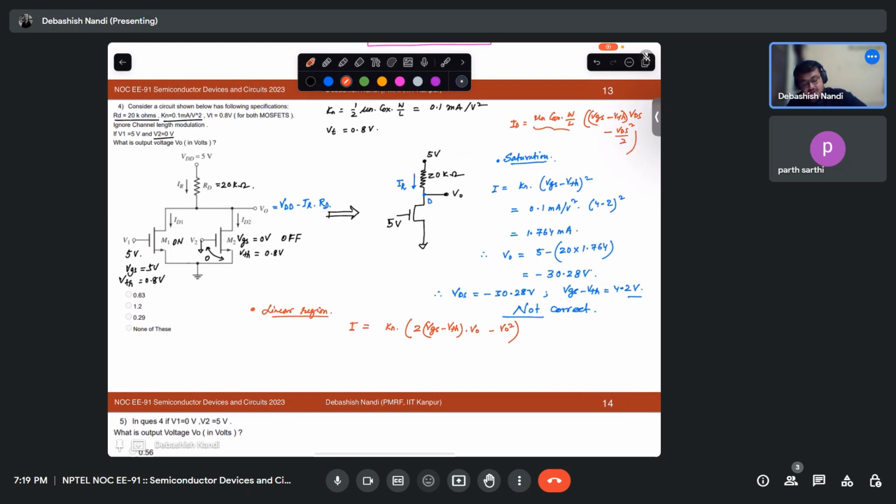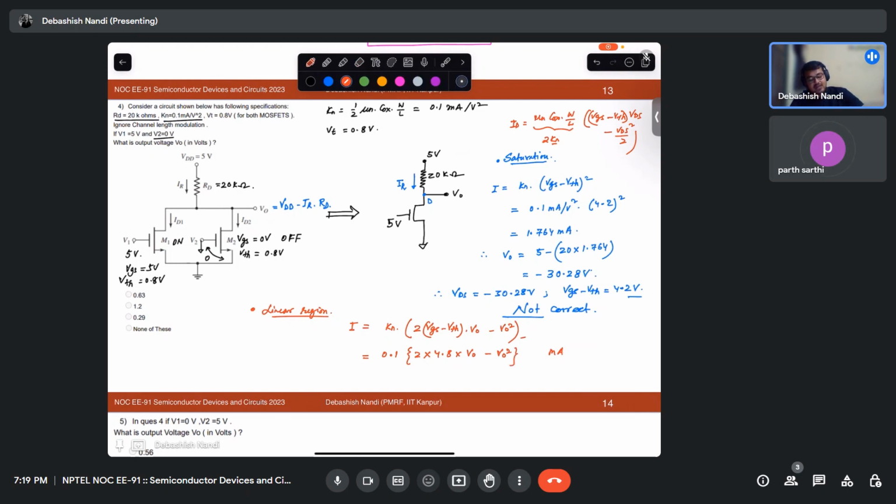So this is 2Kn, that 2 is multiplied inside. So we'll get this. Okay. So what is my Kn? Kn is my 0.1, in milliampere, and 2 times VGS minus VTH, and this will be V0 minus V0 square.